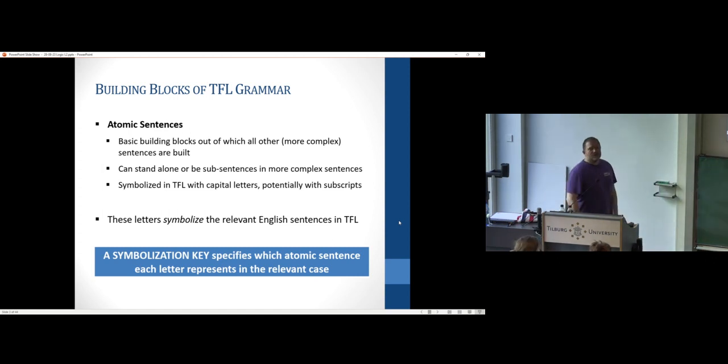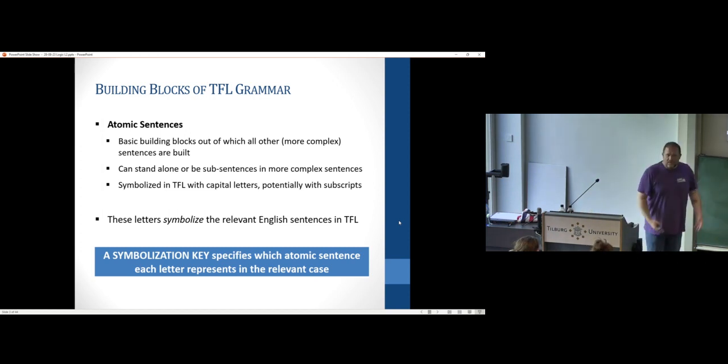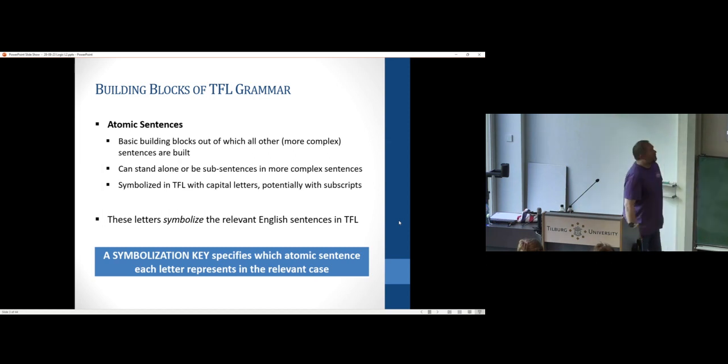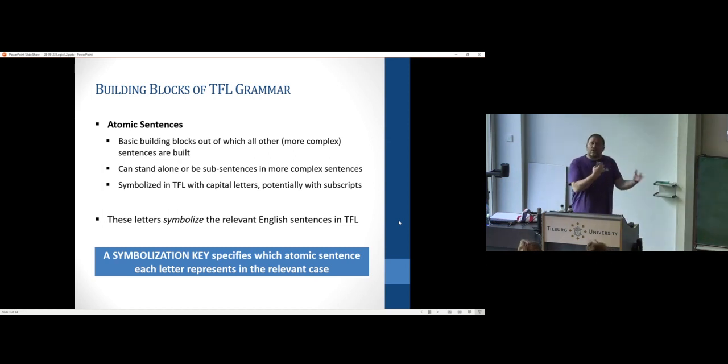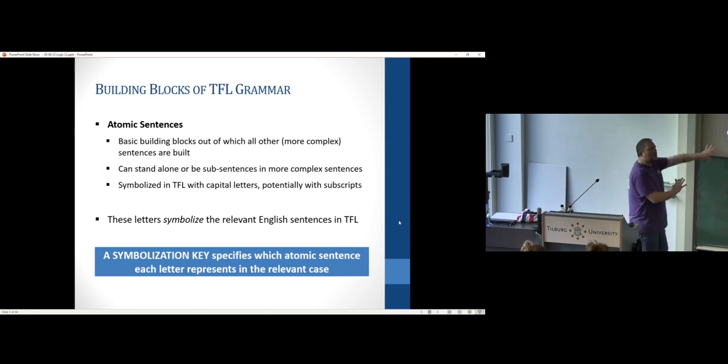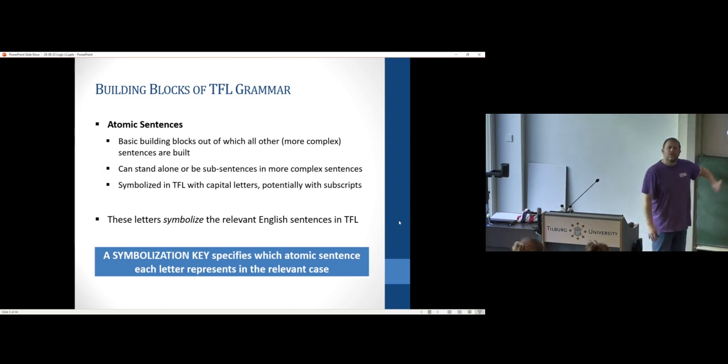Notably, these letters, these atomic sentences, can, if we like, symbolize English sentences. That is, they can stand for English ones. We talked a little bit about this in the last lecture. We gave a version of the argumentative structure where we had, Yabka is asleep. If she's asleep, then she's snoring. So Yabka's snoring.